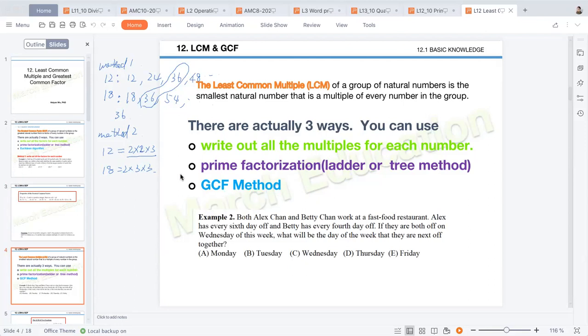If I need to make them the same, it's something like finding a common denominator, right? I must times 3 because there are more 3 in this place, and I times 2 because there are more 2 in this place. So the common multiple is 2 times 2 times 3 times 3 equals 36.